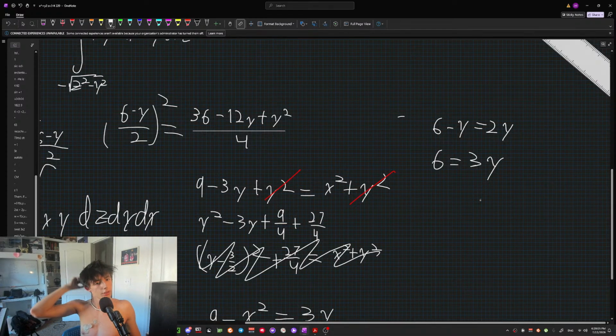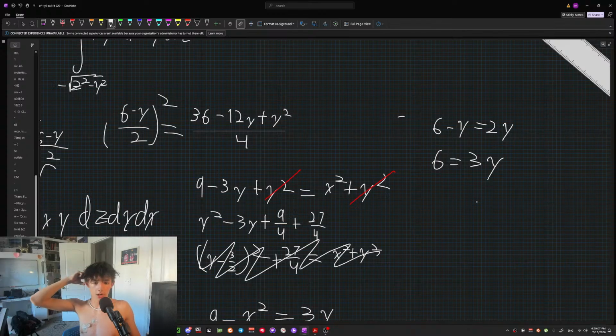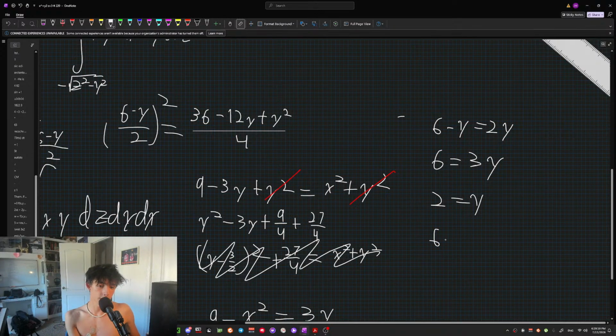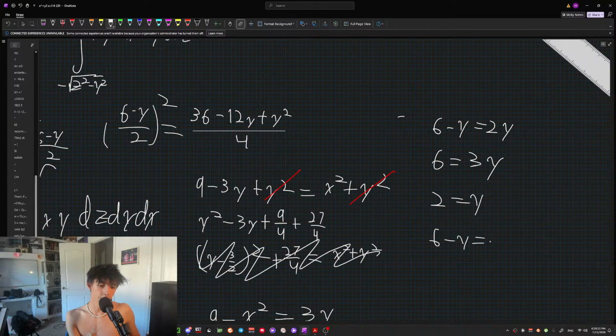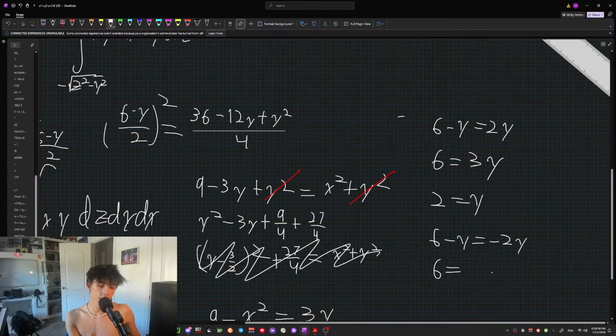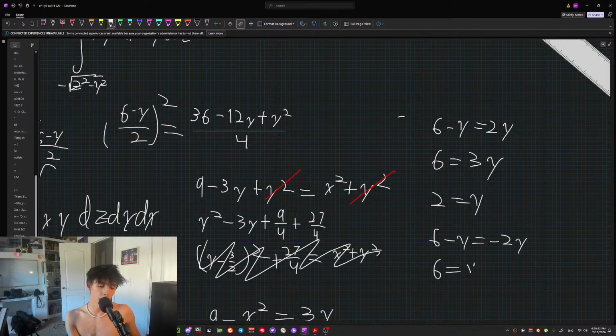What? 2y plus y equals 3y. Yeah. And then we have 2 equals y. But we also have 6 minus y equals negative 2y. And then adding that would mean 6 equals y.